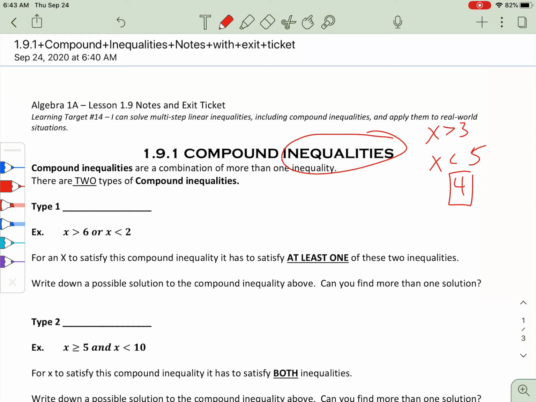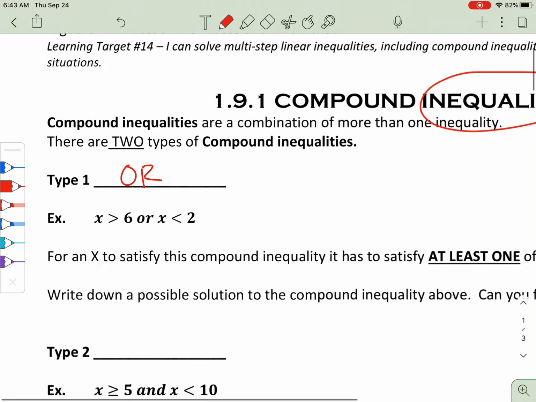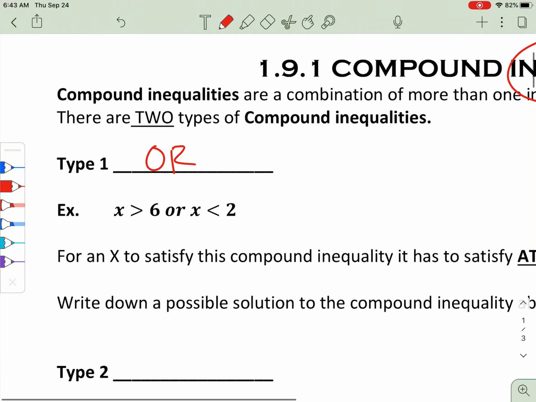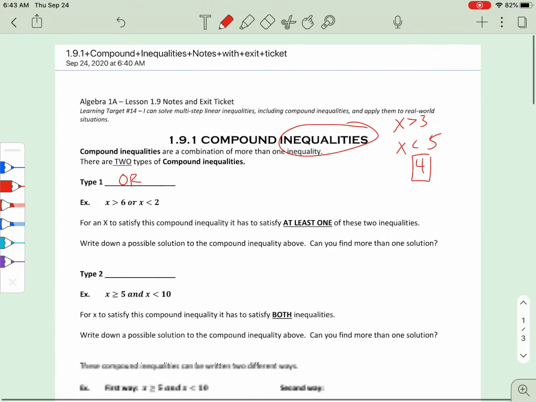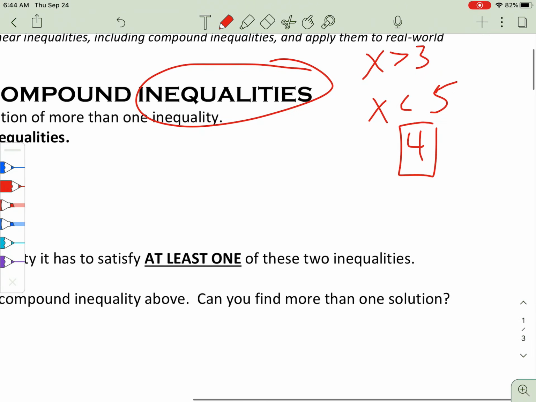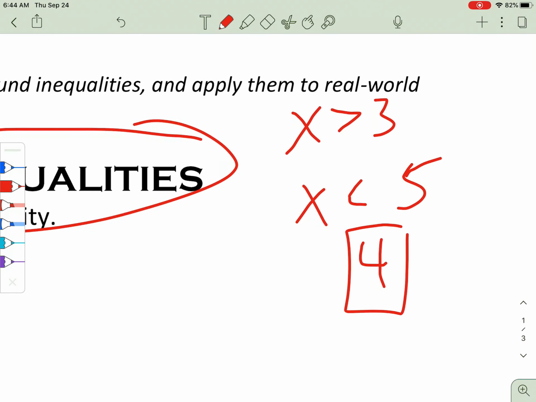There are two different types of compound inequalities, as you can see here. Type number 1 is an OR, so it's an either-or statement. For example, x is greater than 6 or it's less than 2. So with an OR statement, usually there's no overlap. Like in this other one, x is greater than 3 and it's less than 5, there's this overlap.